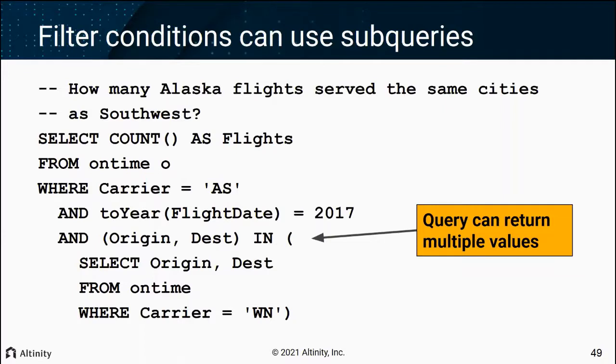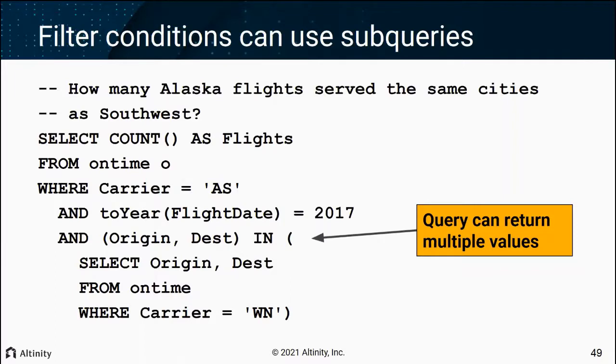It didn't say this, but we're picking 2017 as the year. And then we're going to find all the origins and destinations from Southwest. This builds up a result set, and we can compare it. This is actually very handy.